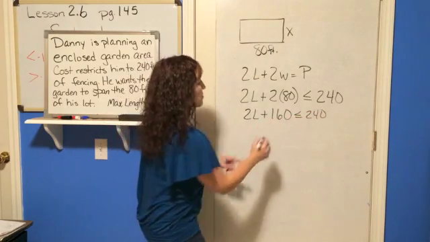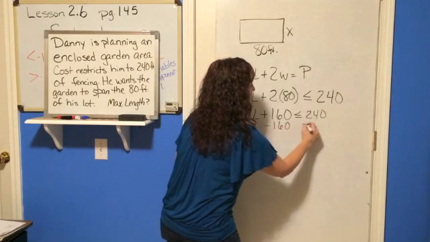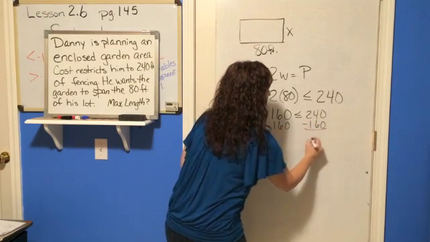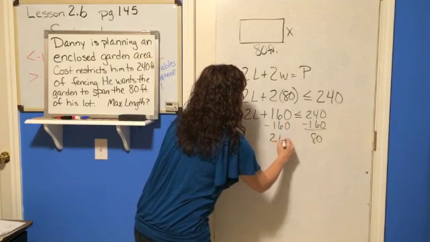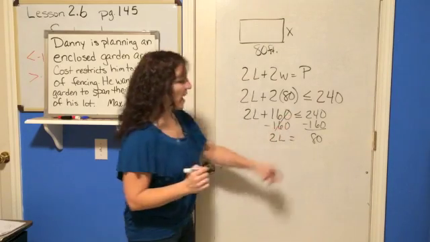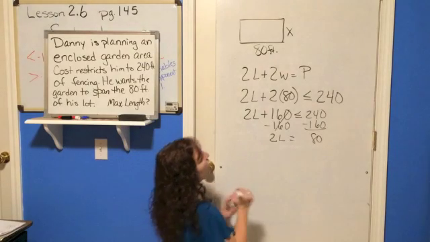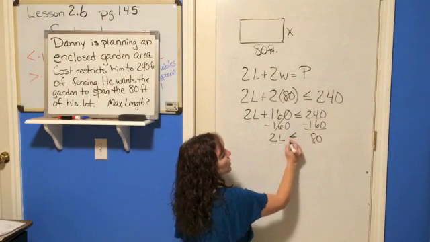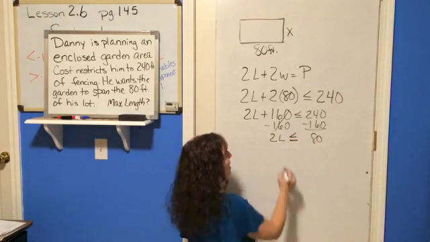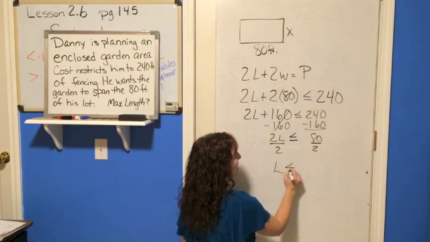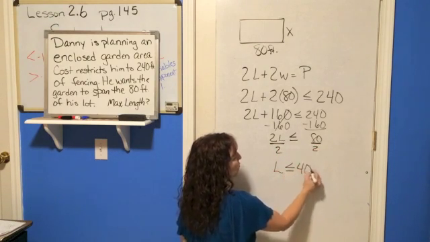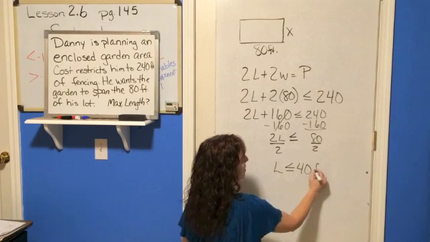Now we just solve it. Subtract 160. 2 times the length is less than or equal to 80. Don't lose that less than or equal to. Divide by 2. So the length is going to be less than or equal to 40 feet.